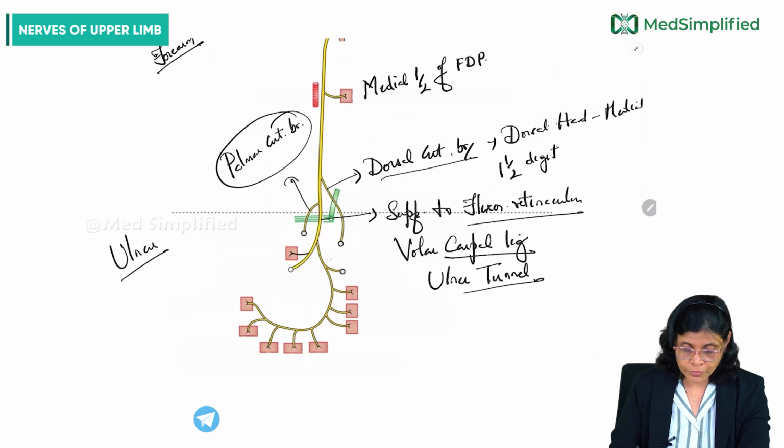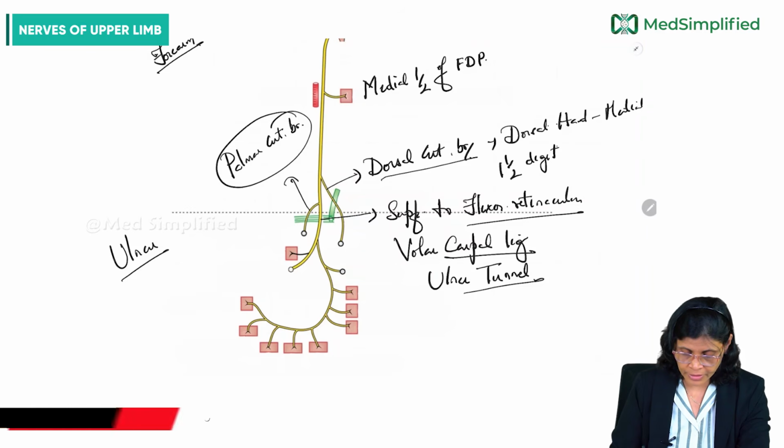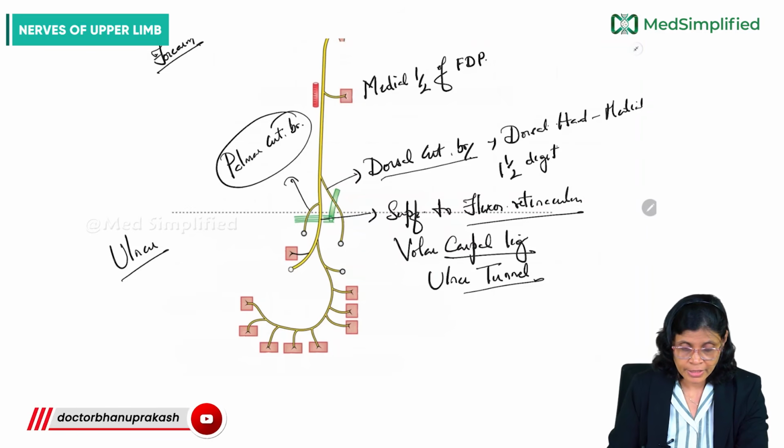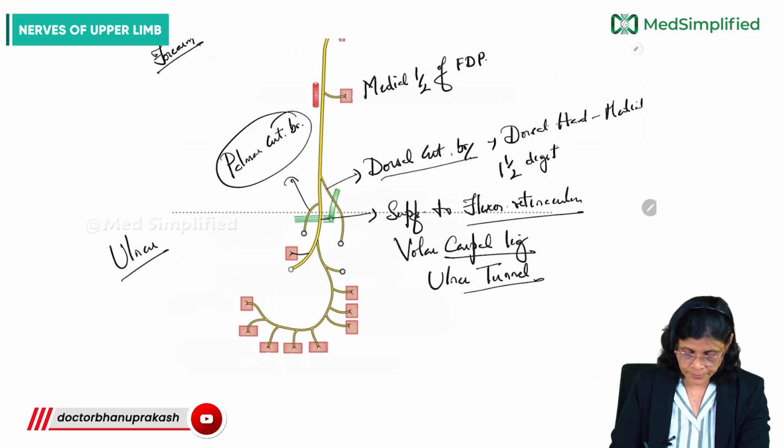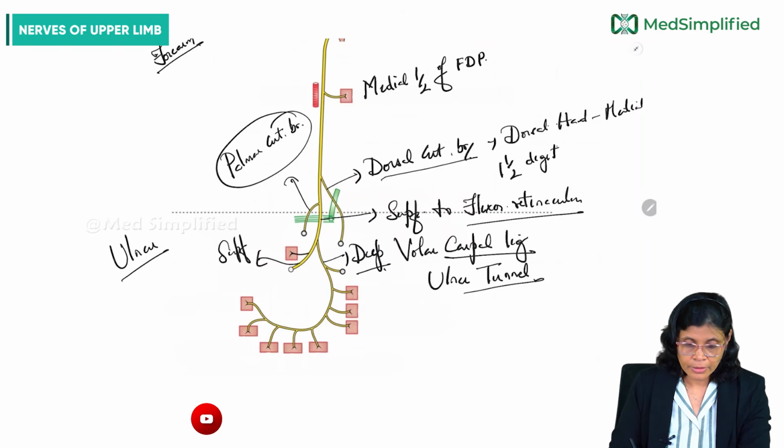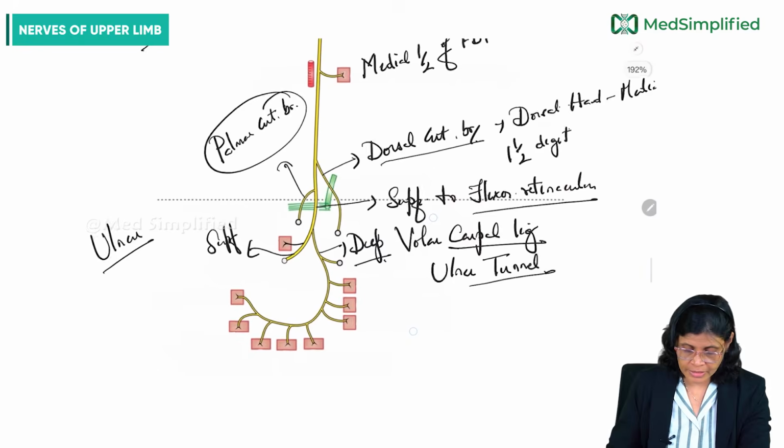And distal to the pisiform bone here, the ulnar nerve will divide into two branches, the superficial branch and the deep branch. The superficial branch is basically sensory.